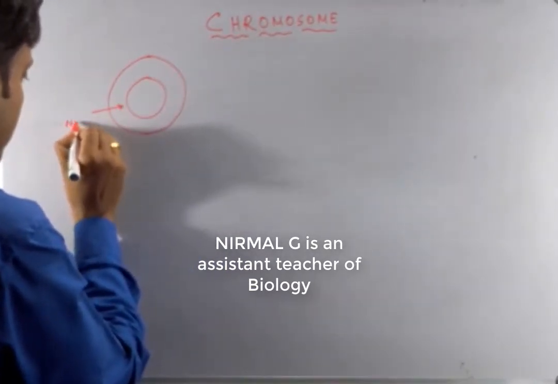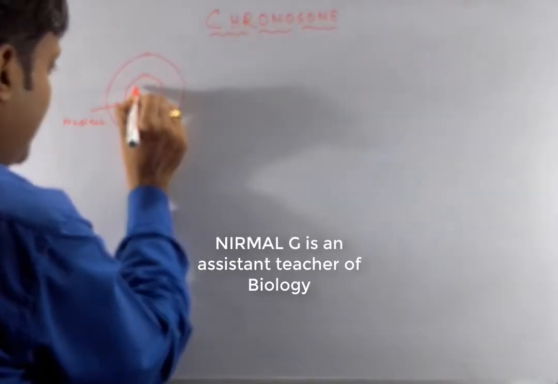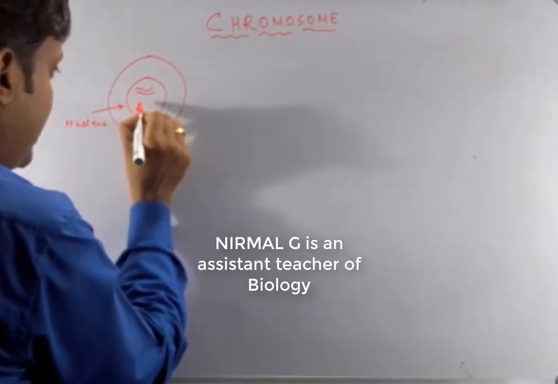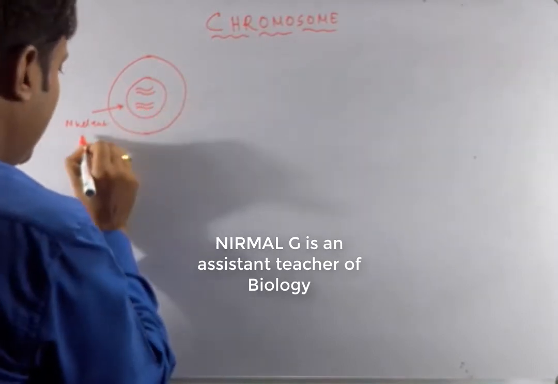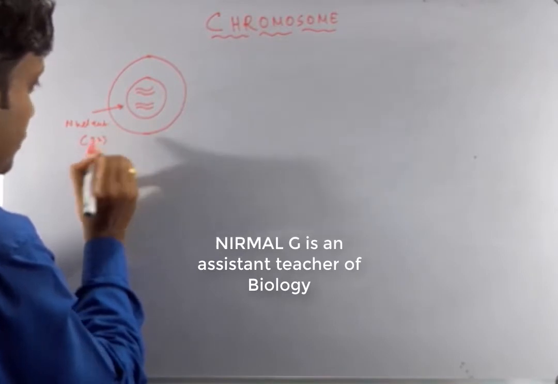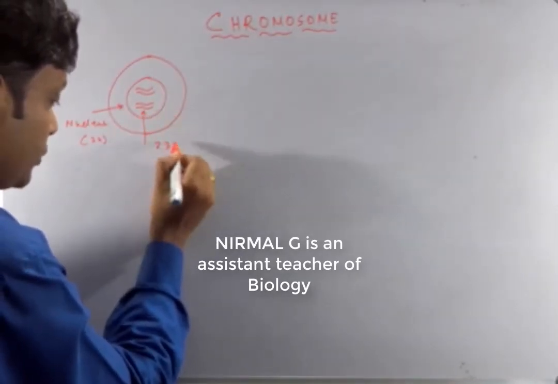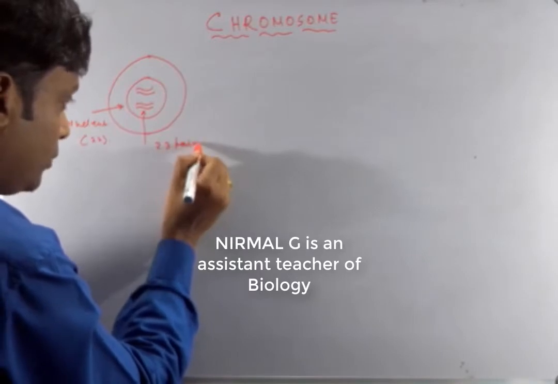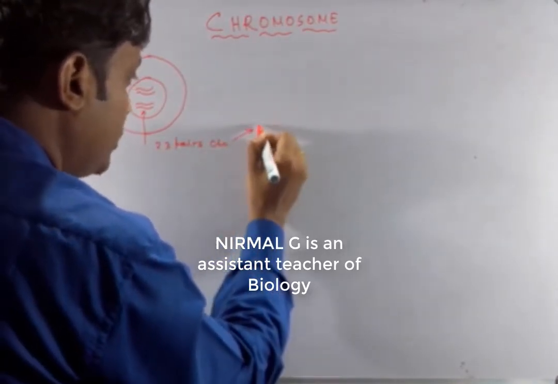Inside the nucleus there are chromosomes, usually present in two sets, so they are diploid. There are 23 pairs of chromosomes in the human cell.